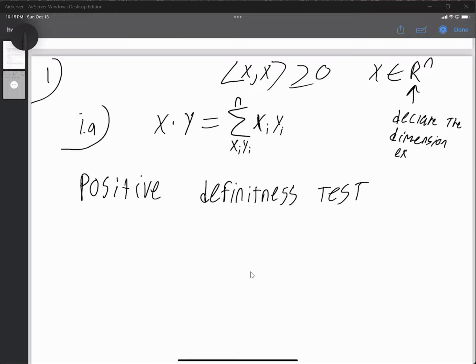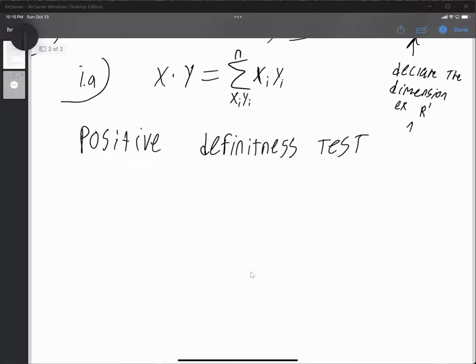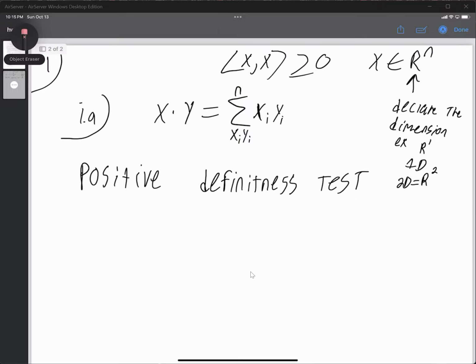Example, R of 1 would be like 1D, R of 2, 2 dimensions, x and y. That's what I mean.